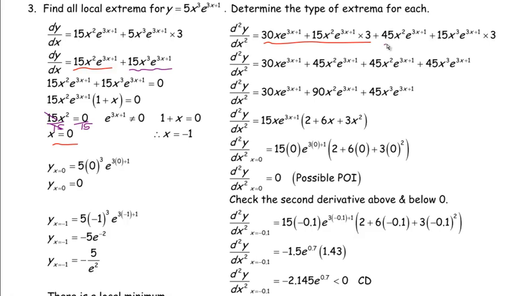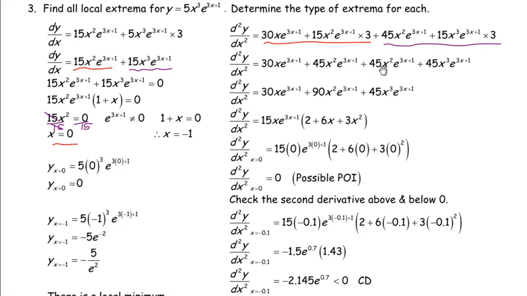So this would be the derivative of that guy right there. And I've got a little simplifying to do. 3 times 15x squared would be 45x squared. 3 times the 15x cubed would be 45x cubed.